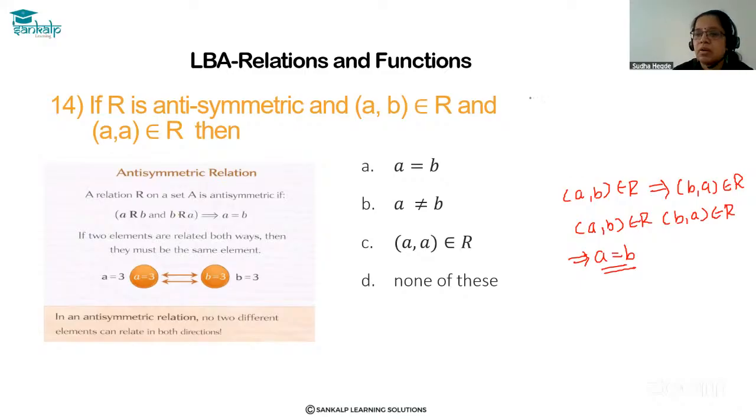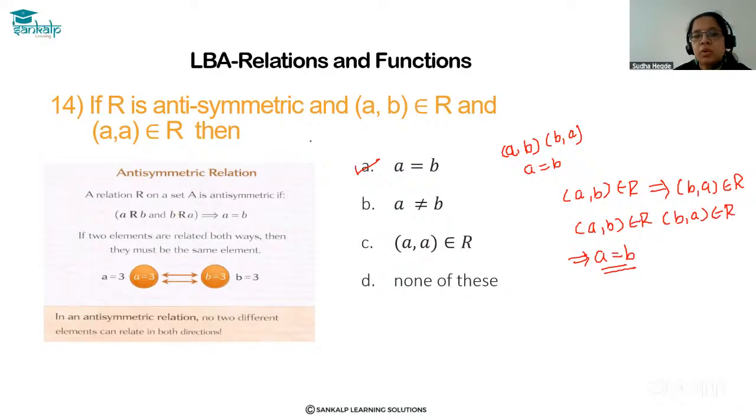Suppose in a relation (a, b) and (b, a) both are there. If a is equal to b, then it is antisymmetric.